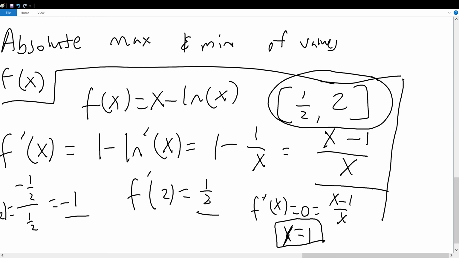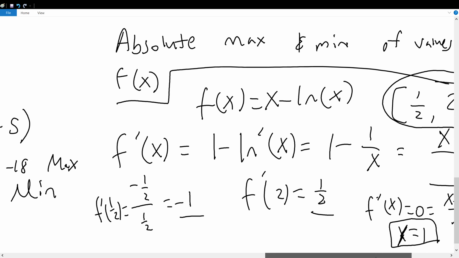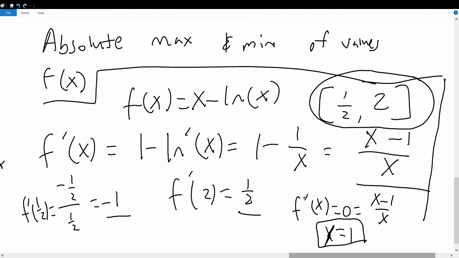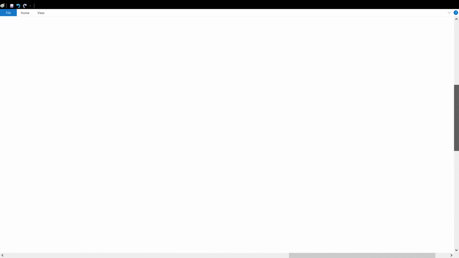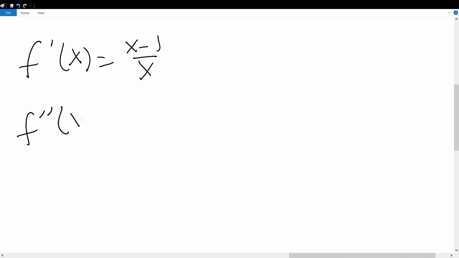Alright, so now let's find out which one is greater. We take the double prime of x minus 1 divided by x. Let me scroll up a bit so we get more room. So f prime is already x minus 1 divided by x, and f double prime of x would be that differentiated.